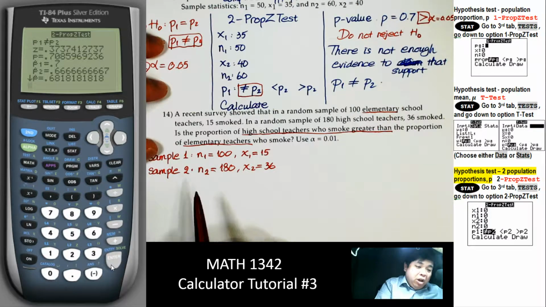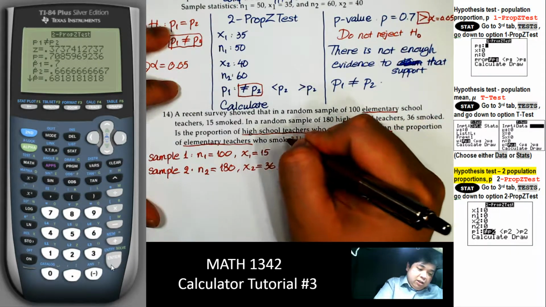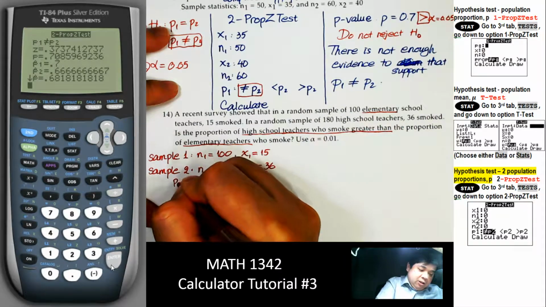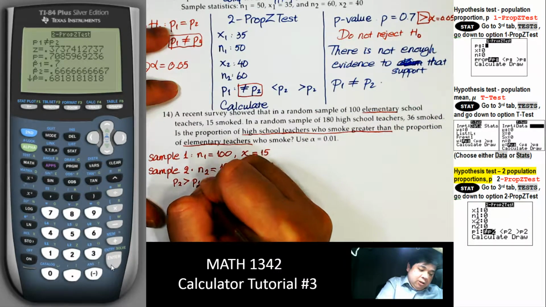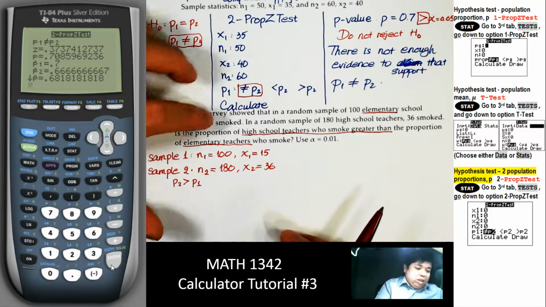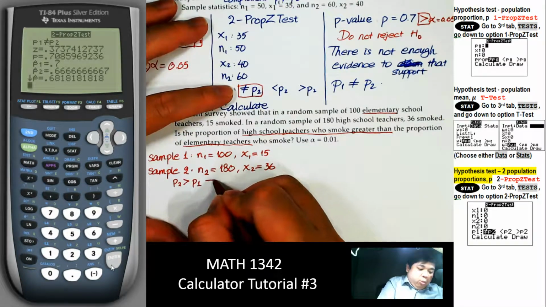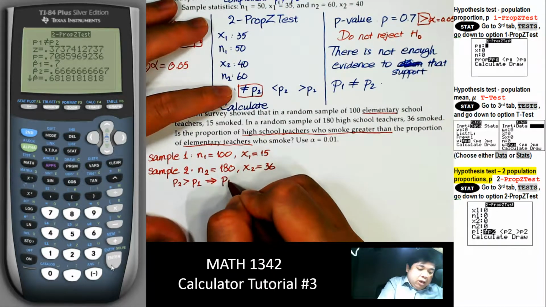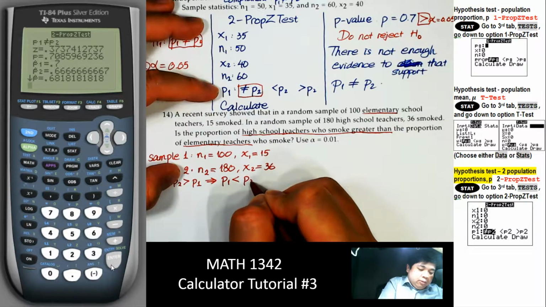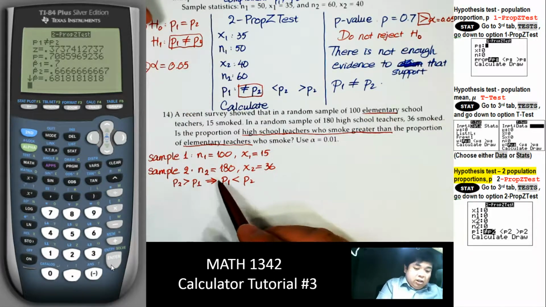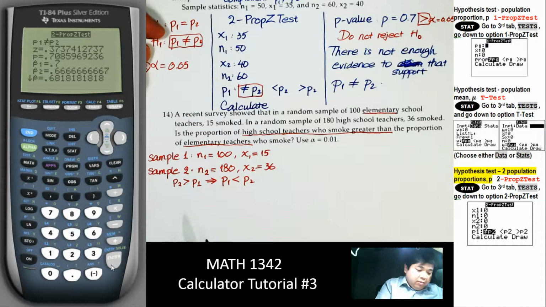So P2 is bigger than P1. But when we write it, always P1 first, which means the same thing as P1 less than P2. So that will be the alternative hypothesis.